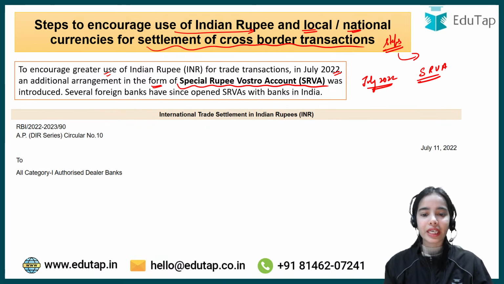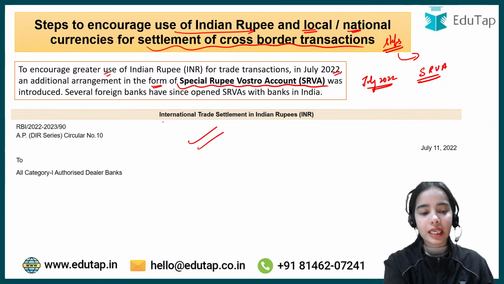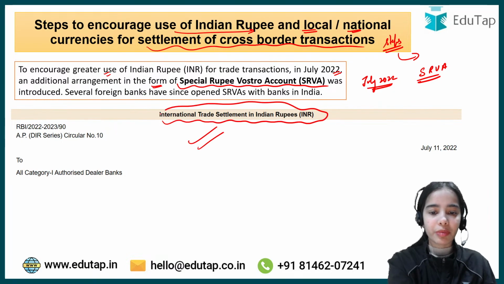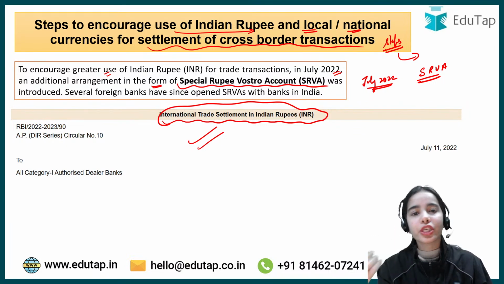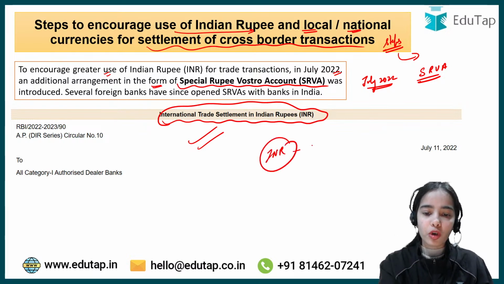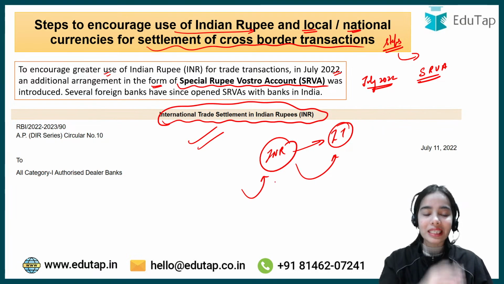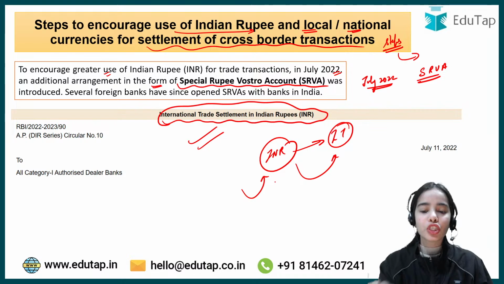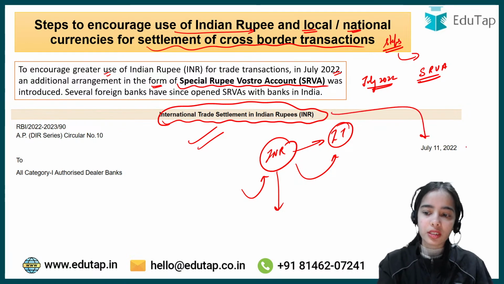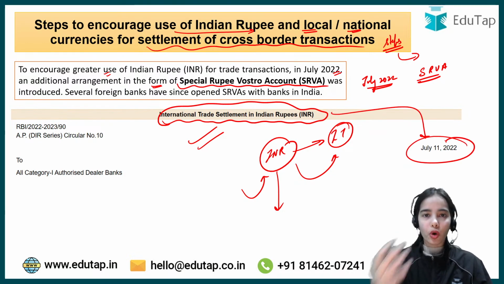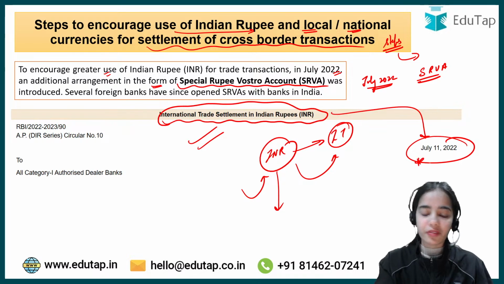The Reserve Bank of India had released guidelines regarding international trade settlement in Indian rupees, and from there the concept originated that the RBI is trying to promote the Indian rupee for international trade. The RBI is focusing on the internationalization of the Indian rupee so that cross-border transactions can happen in Indian rupees. This circular was brought by the RBI on July 11th, 2022.